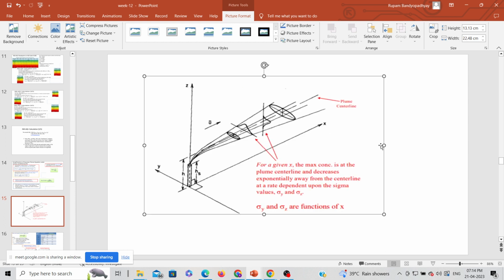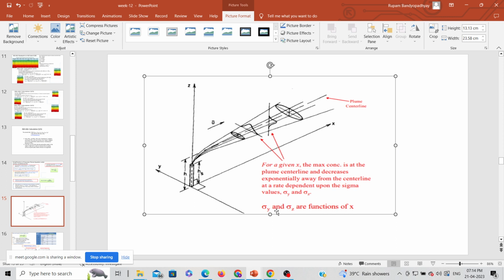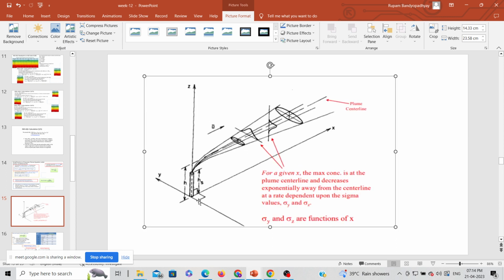In this case, if you see, these are the different directions. x is this direction, and this is the y direction. If you want to calculate at the center line, then the y value will be 0.